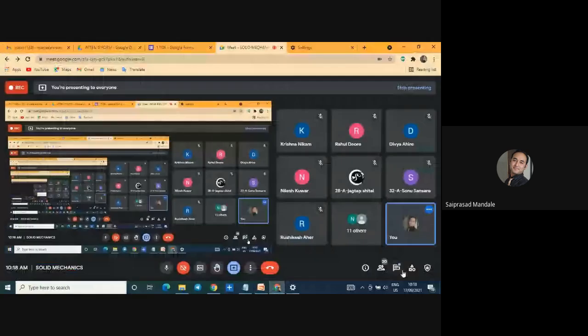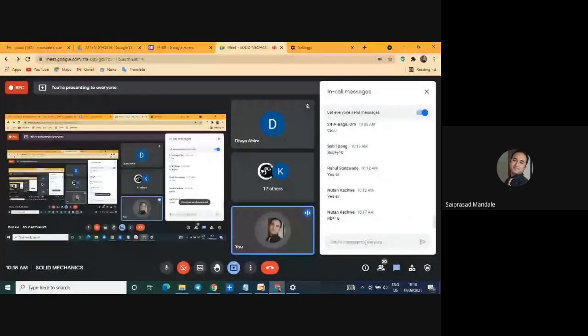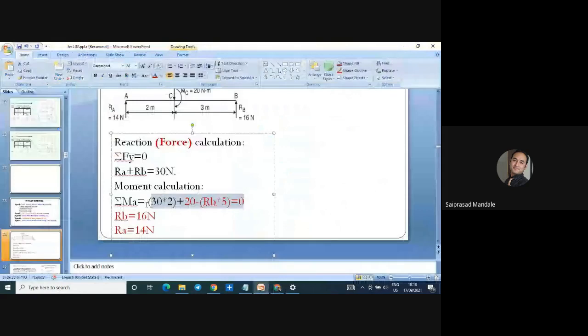Nutan Kasbe, okay. The first answer from Nutan is RB is 16 and RA is equal to 14. So whatever equation we have written over here is perfectly correct. RA we know, RB we know. This is the reaction calculation.